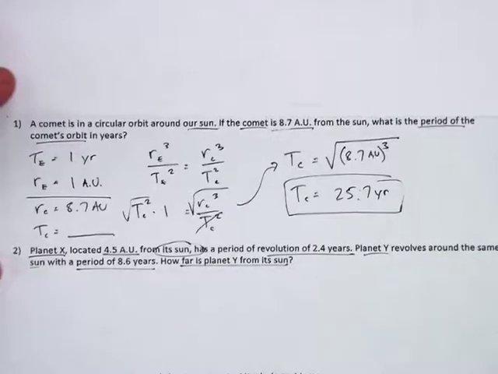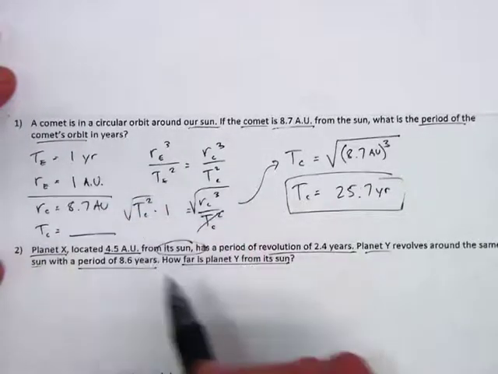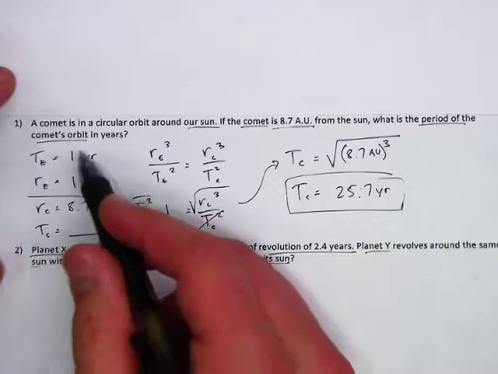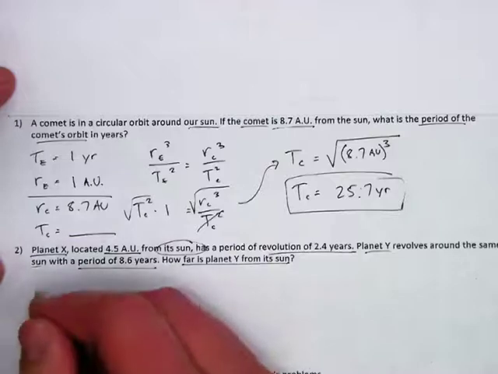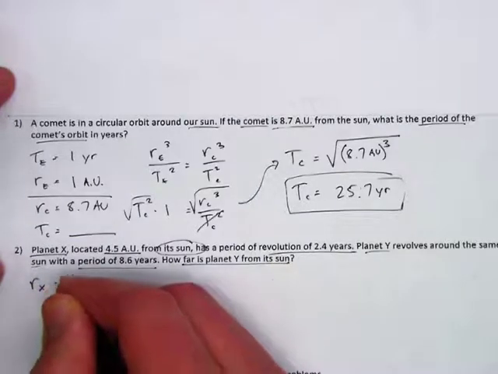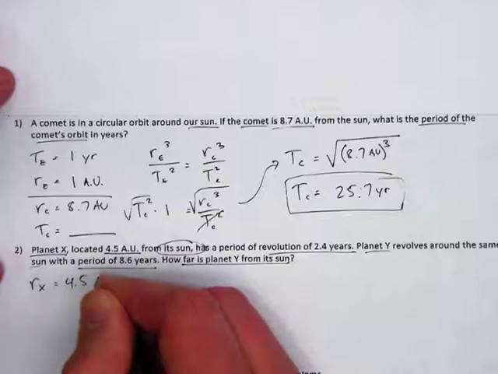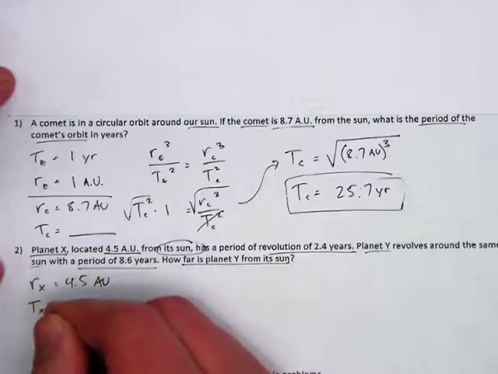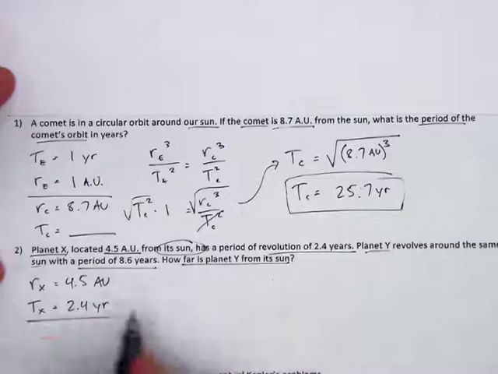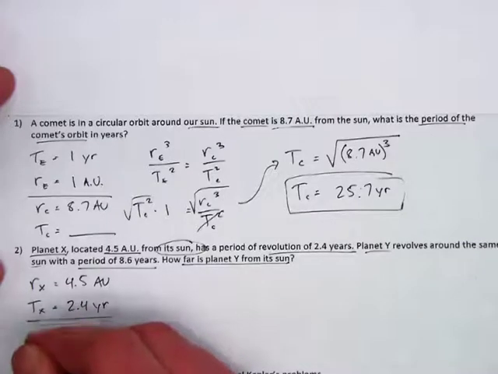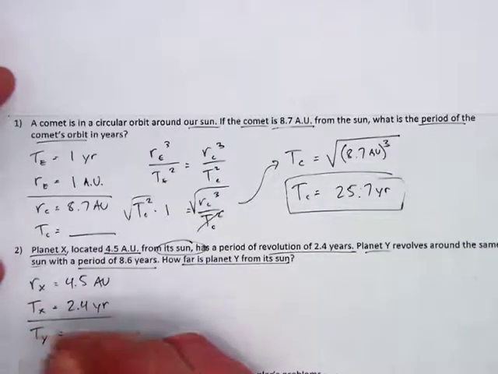So similar approach, except this time, instead of having the period be 1 and the orbital radius be 1, as is with our Earth, we're going to have to account for both. So we have the orbital radius of X, which is 4.5 AUs, the period of X, which is 2.4 years, and then we have the period of planet Y, which is 8.6 years.